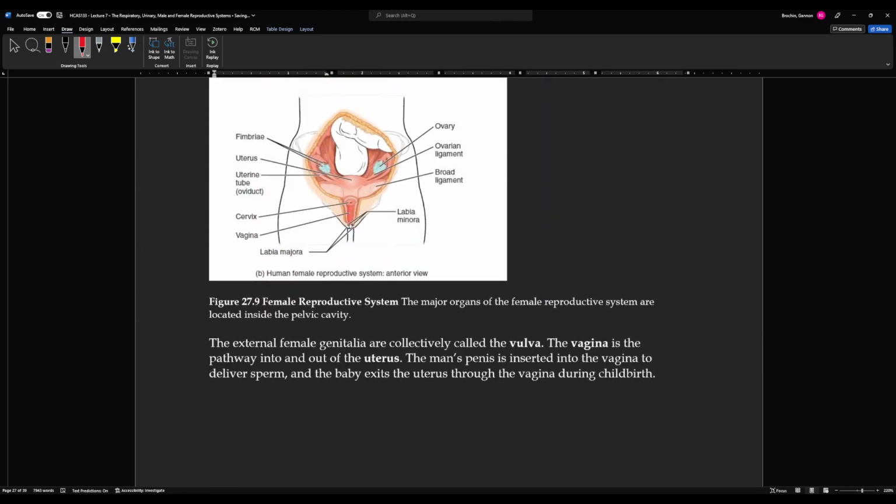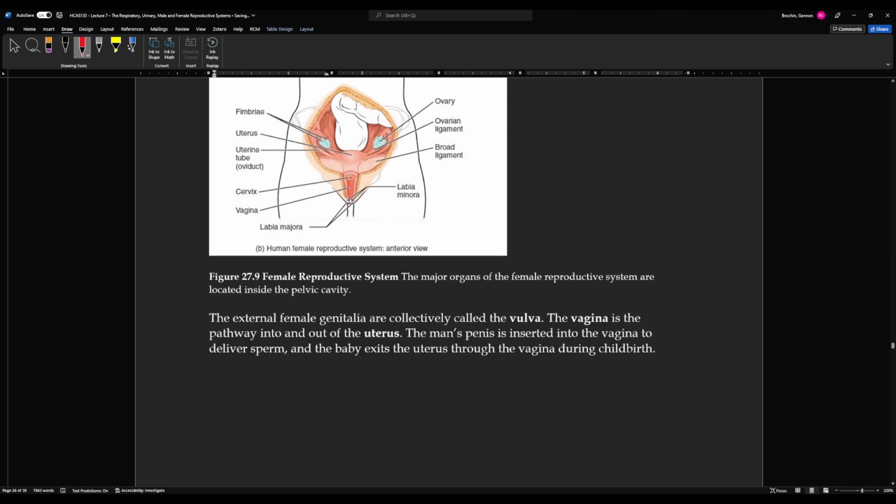So the three main structures internally: we have the vagina, which is kind of the canal way in, and then there is the uterus and the ovaries. The ovaries are the female equivalent of testes, whereas the uterus doesn't really have quite the same equivalent in males, but that's because it serves a very different function than any part of the male reproductive system.